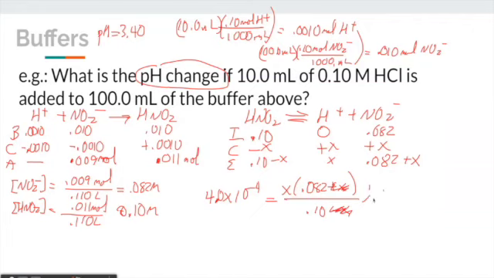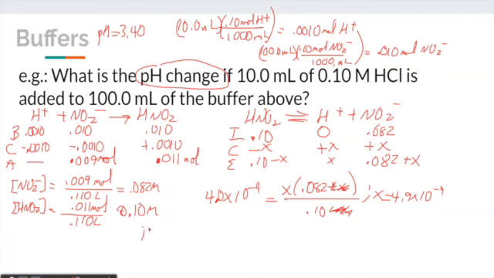So now I solve for X by multiplying both sides by 0.1 and then dividing both sides by 0.082, and I come up with X equal to 4.9 times 10 to the negative 4.